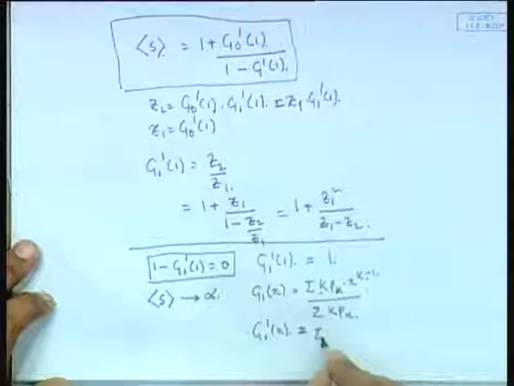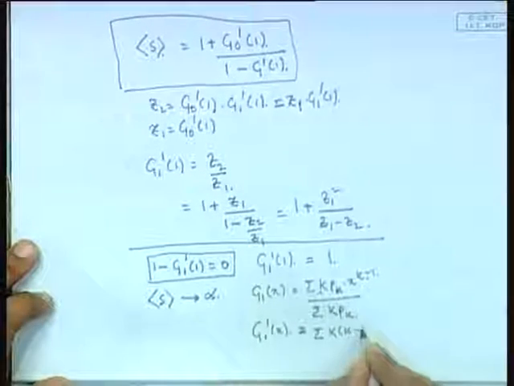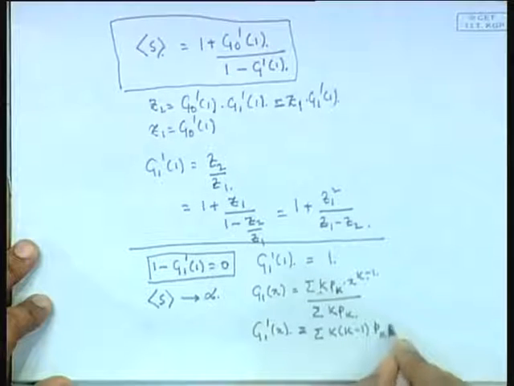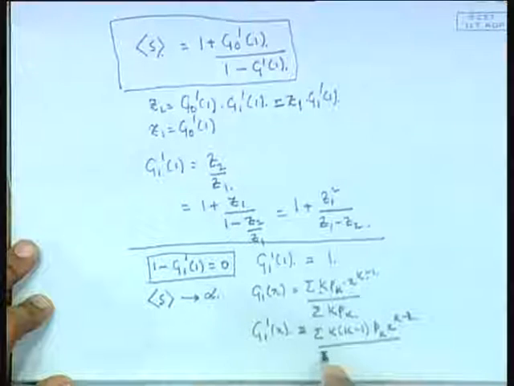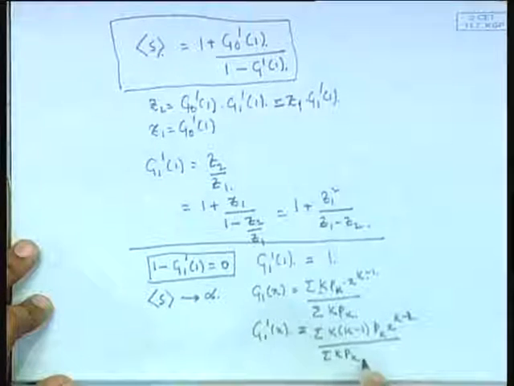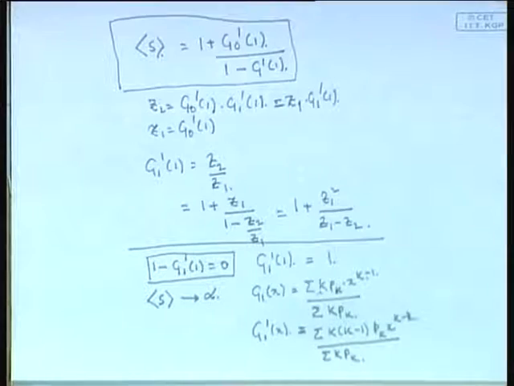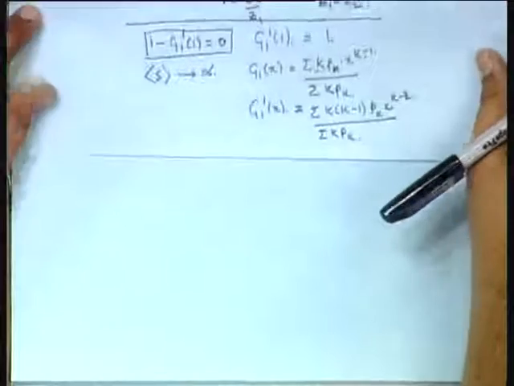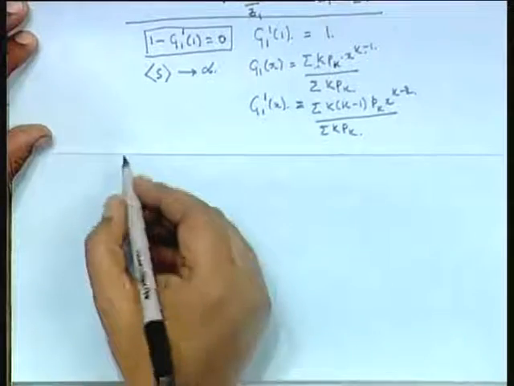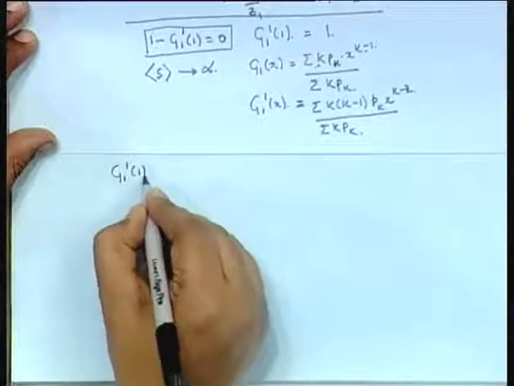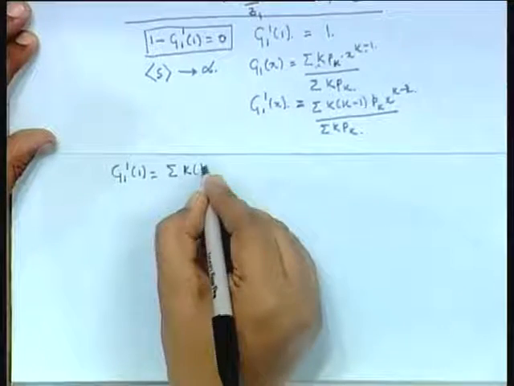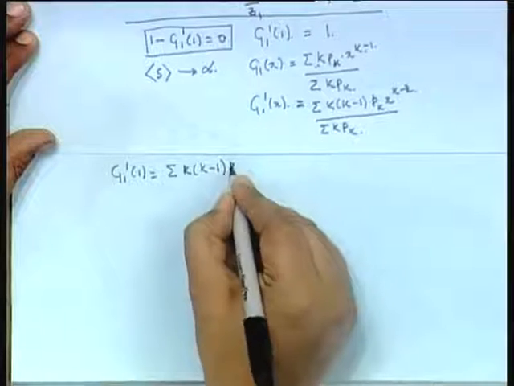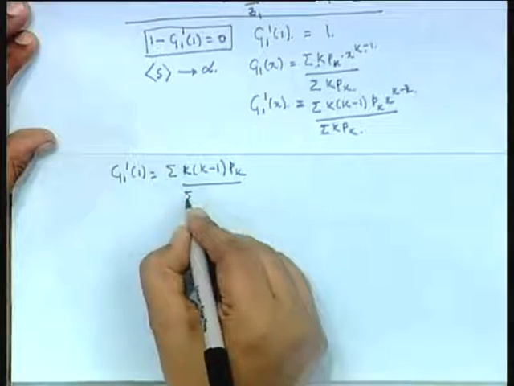Okay. What will this give? k into k minus 1 p k into x to the k minus 2, and below, k p k stays. Okay. Agreed? Very good. So, now what is then G 1 dash 1? Summation of k into k minus 1 into p k by summation of k p k.